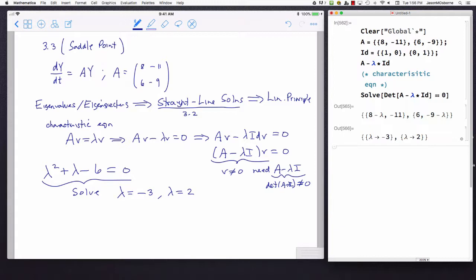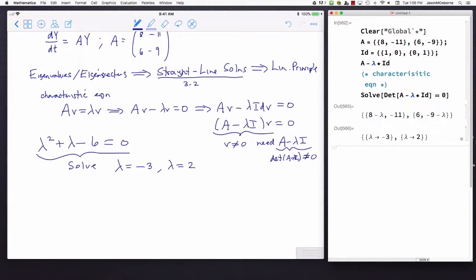You can go on and compute the eigenvectors of these eigenvalues. How are you going to do that? You're going to solve AV equals lambda V for the two different choices of lambda.